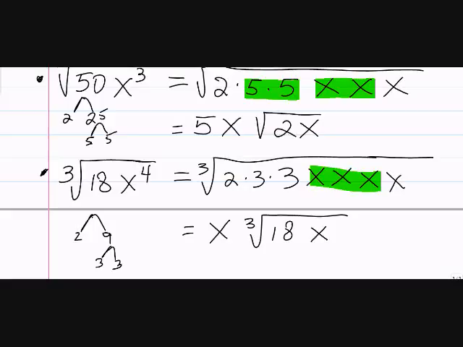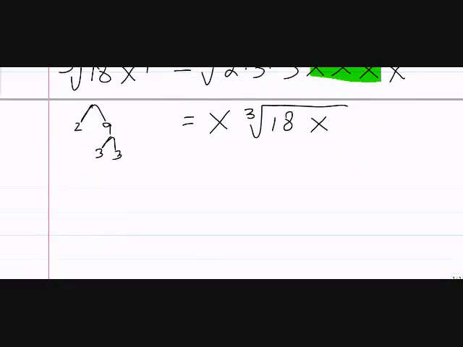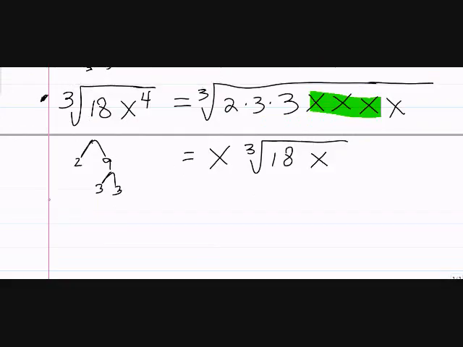Okay. Now just a tiny bit more complicated when we start doing a little bit of multiplications. So let's multiply 3 times the square root of 7.